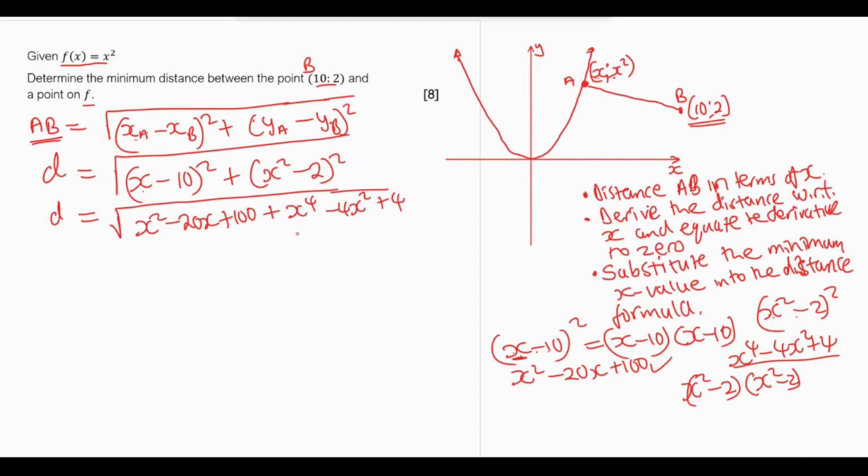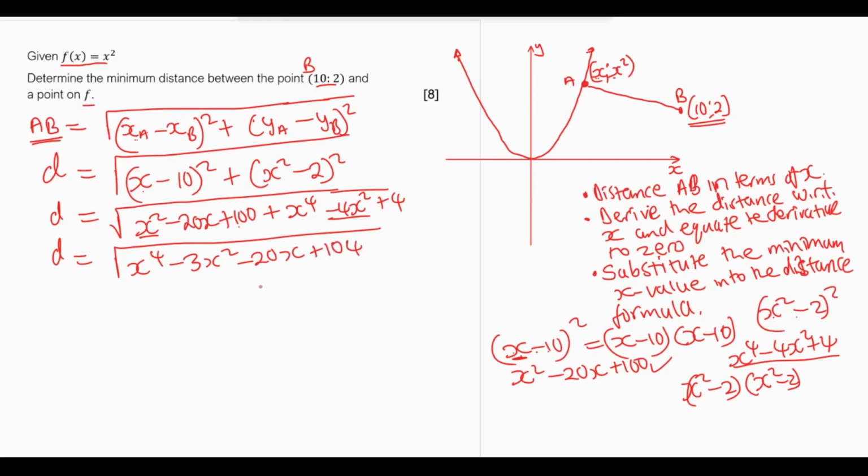Let's simplify what is underneath the square root sign. So D is equal to the square root of x to the power 4, then x squared minus 4x squared, that is negative 3x squared, negative 20x, and then 100 plus 4, which is 104.